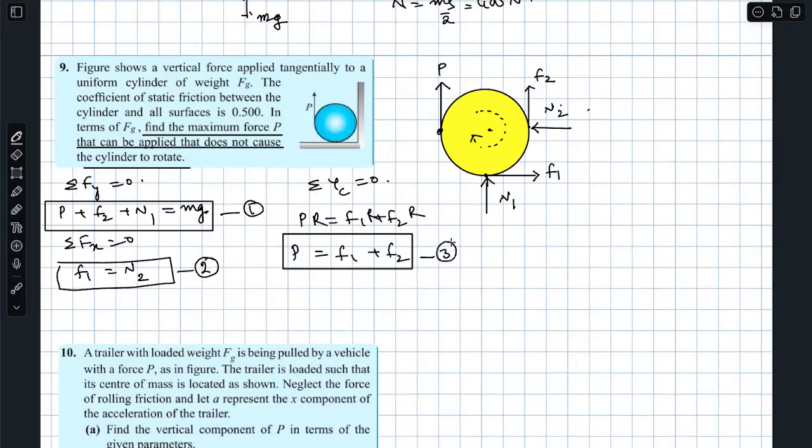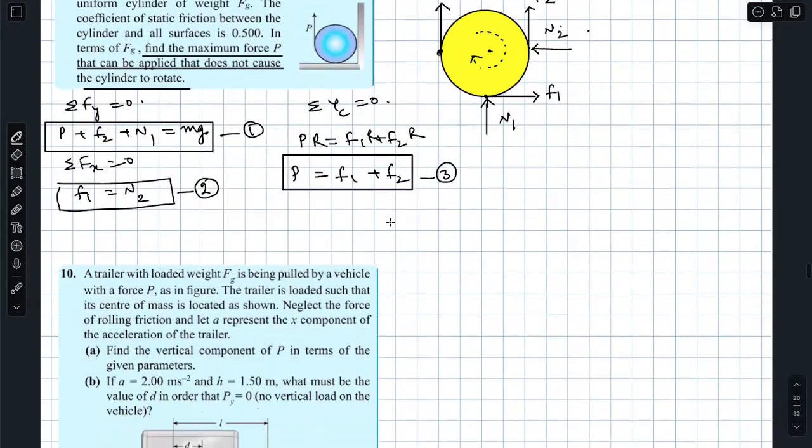Totally 3 equations. How many unknowns were there? F1 is one unknown, F2 is another unknown, N1 is another unknown, N2 is another unknown. But how many equations did I get? Only 3. And one more: the coefficient of static friction between the cylinder and all surfaces is 0.5. And one more important point.